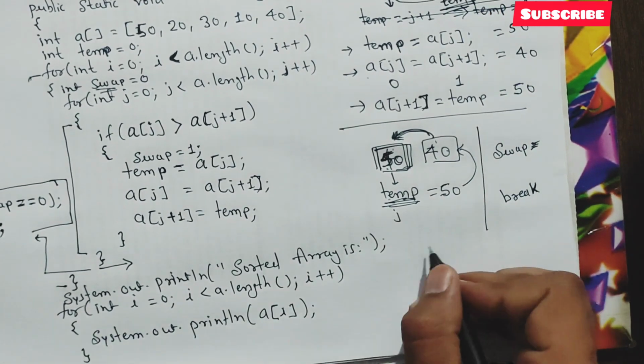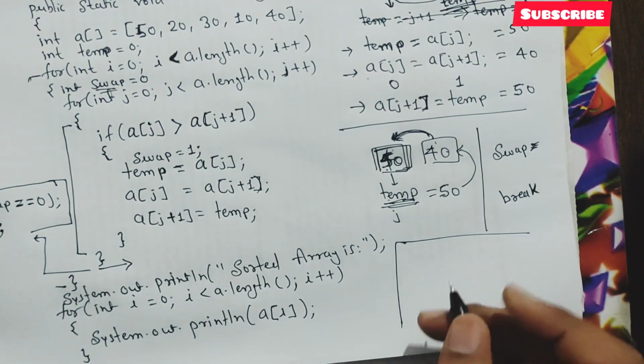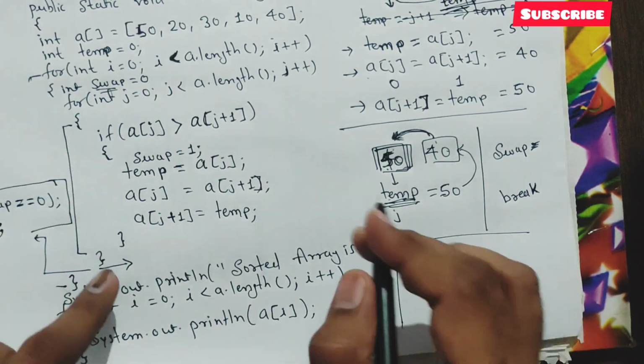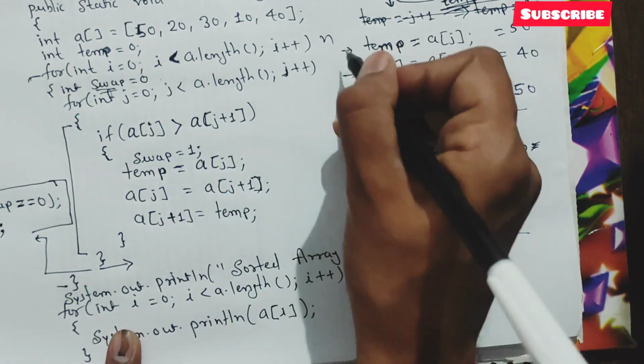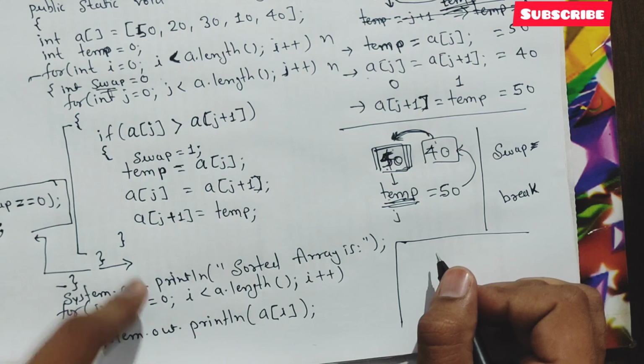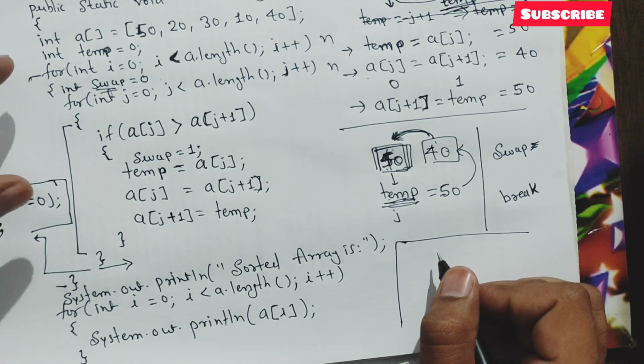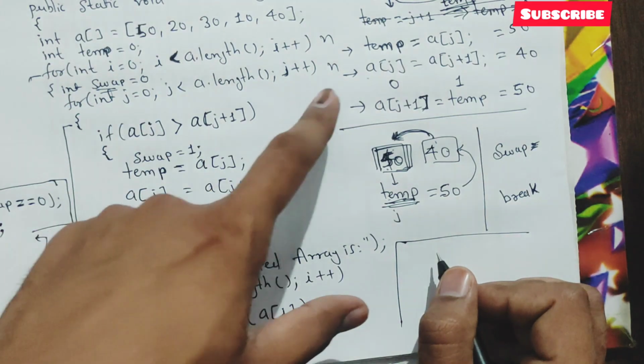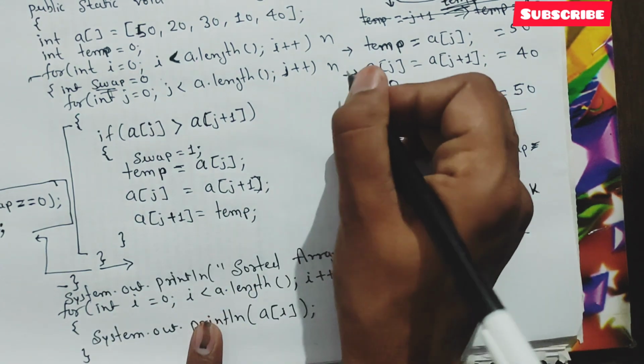So what is the complexity? You know that we are going from n and this is n. In the worst case all loops will work. Suppose n equals 5.